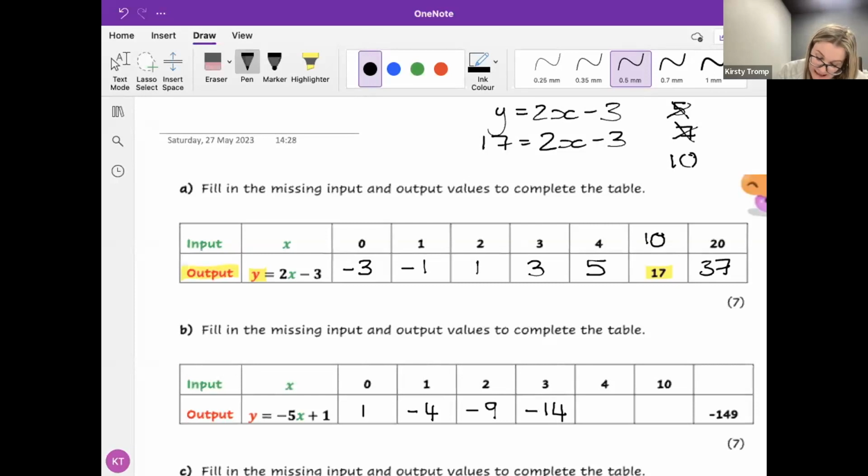Negative 5 times 4 is negative 20, all right? And negative 20 plus 1 is negative 19. Negative 5 times 10 is negative 50, and negative 50 plus 1 gives me negative 49.